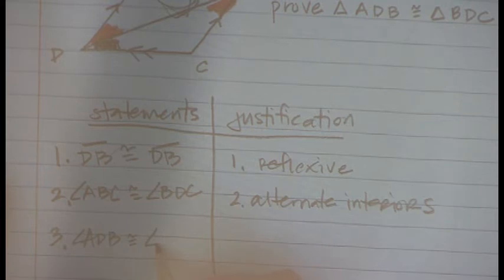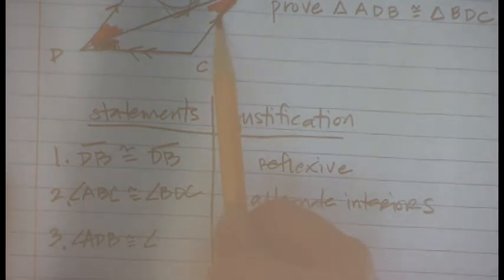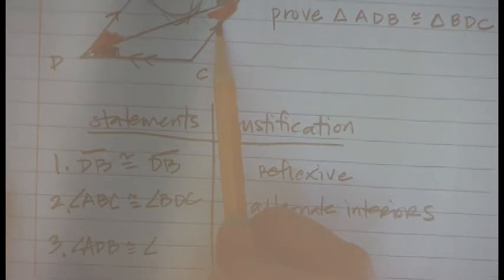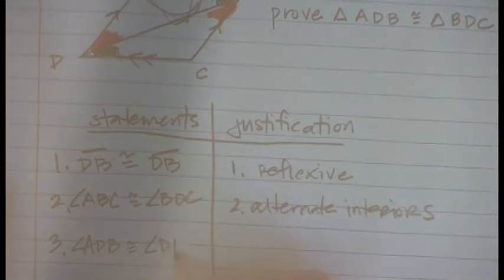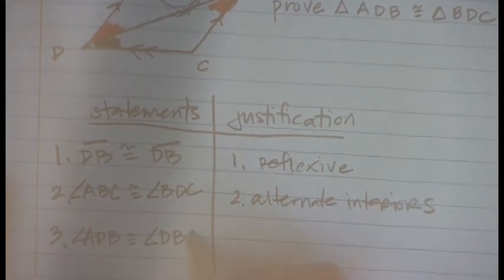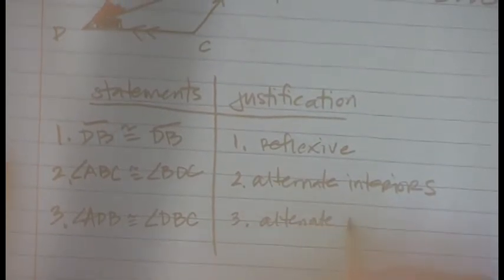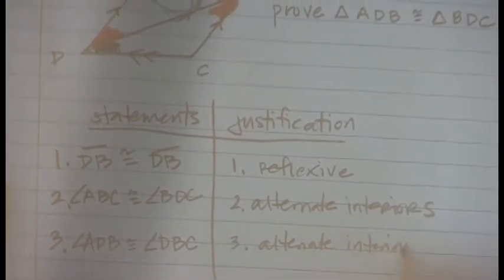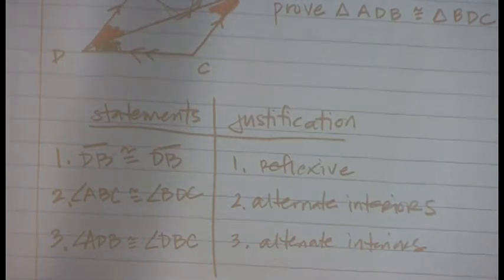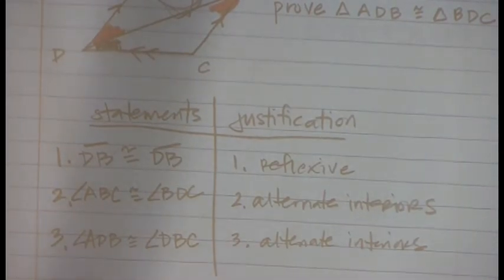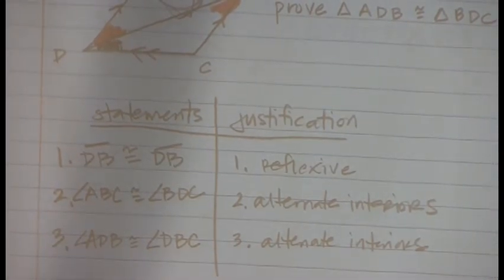No. This one here. DBC. Is that what you said? I'm sorry. I thought you started with BDC. D as in dog, B as in boy, C. And then our reason would be the same: alternate interiors.